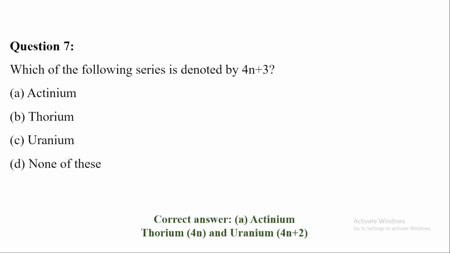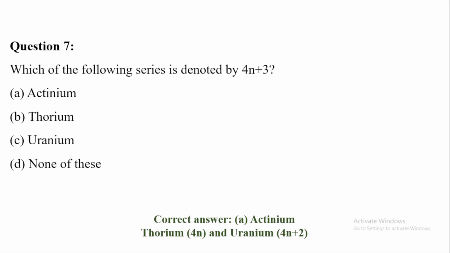The mass number of thorium is 232. So that's why it is denoted as 4n. If you divide 232 by 4, it will be completely divisible.